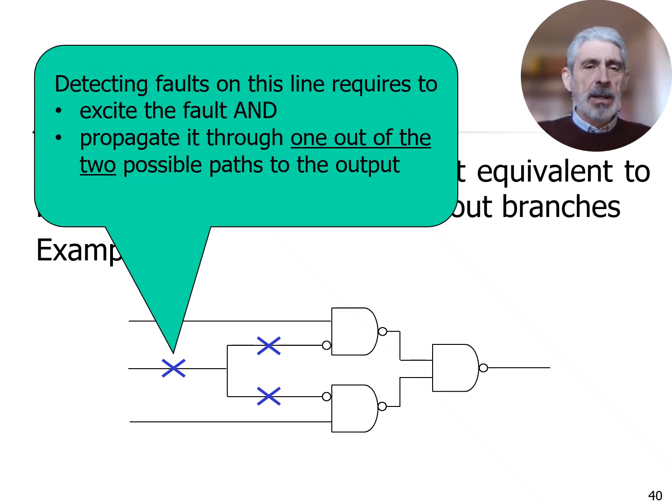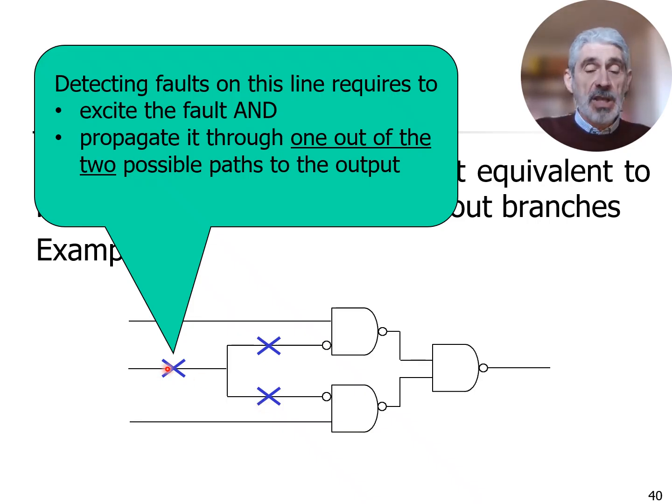In particular, you can easily understand that if you consider a fault on this stem line, you will need to excite this fault. And the conditions for exciting this fault are the same as the conditions for exciting the corresponding fault on any of the branch lines.